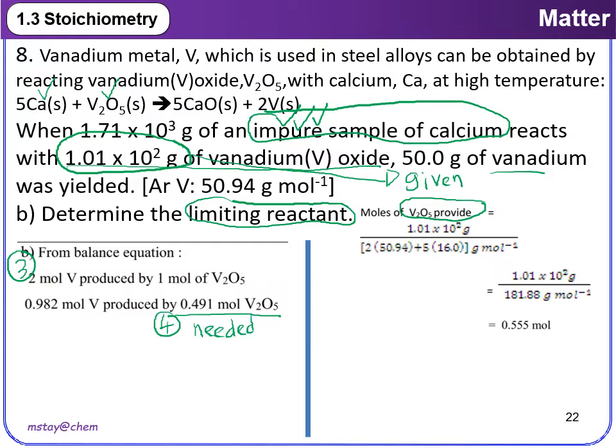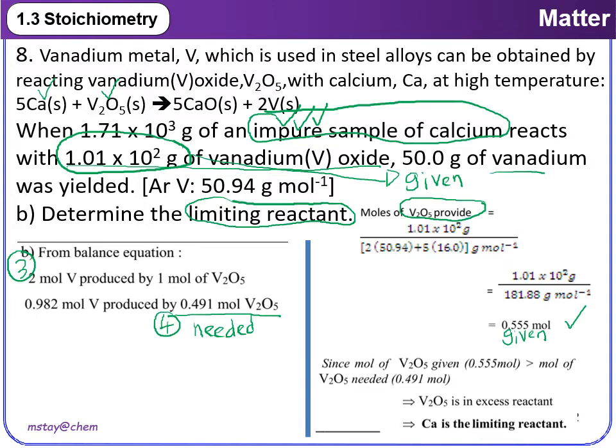Okay, so based on the question here, we are provided with 0.555 mole of vanadium oxide, while we only need 0.491 mole of vanadium 5 oxide. So next we are going to do the comparison.